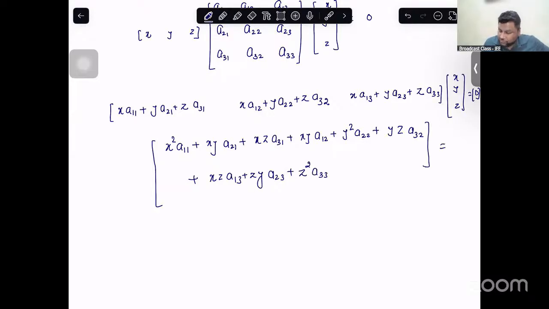And this has to be a null matrix, meaning the quantity inside should be 0. So they both are going to be 0.